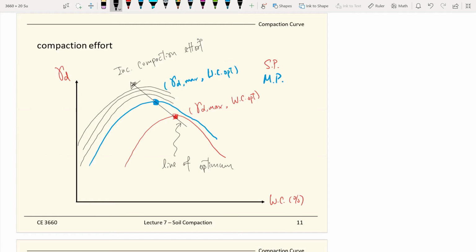So that's the key concept here: the standard and modified Proctor help you project where the next compaction curve will go if you increase the compaction effort.